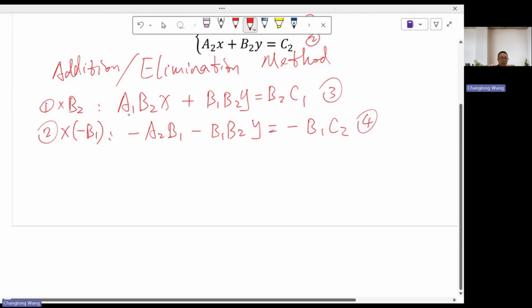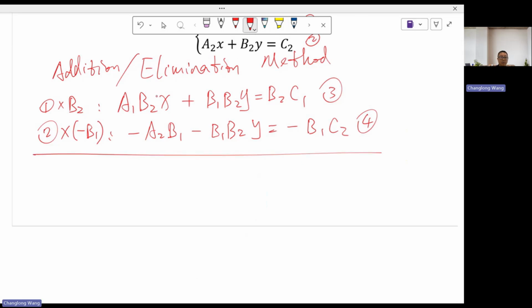And since we call it addition, or elimination, we add to eliminate the y, so we do that term by term. So those two are gone. You're left with a1 b2 times x minus a2 b1 x. You factor out x, you get a1 b2 minus a2 b1, times x equals, the right-hand side will be b2 c1 minus b1 c2.